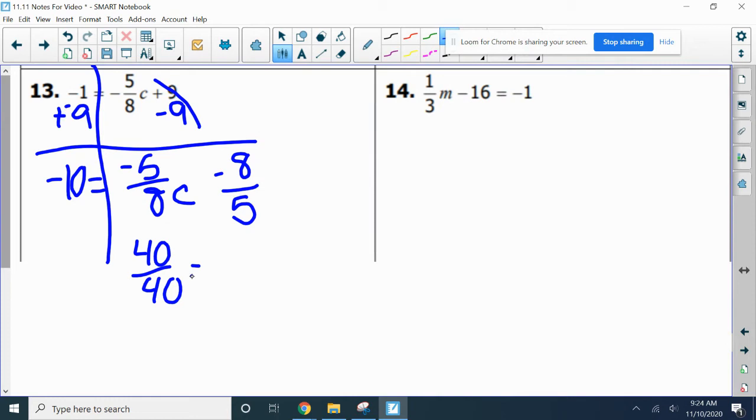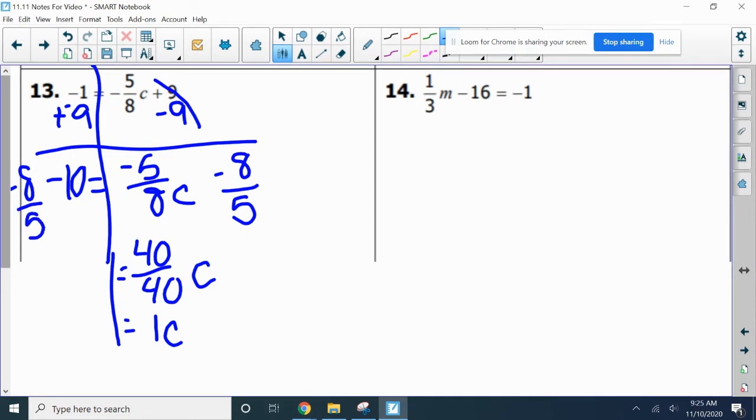So 40C over 40 is 1, so 1C. All right, so then I need to do the same thing to the left side as I did to my right. So negative 10 times negative 8 over 5.